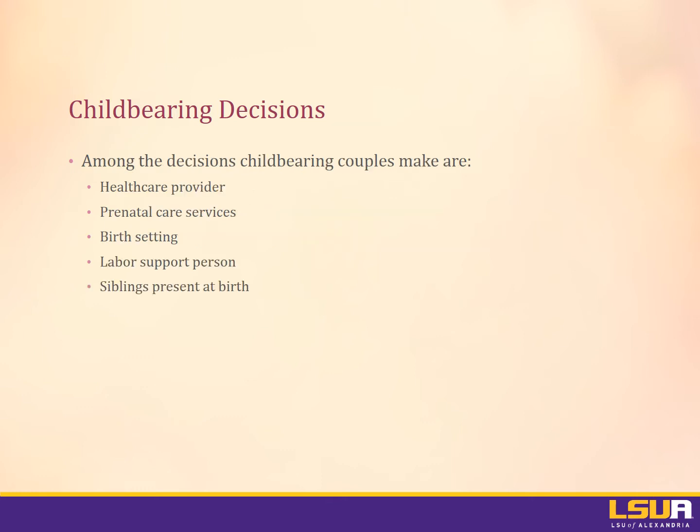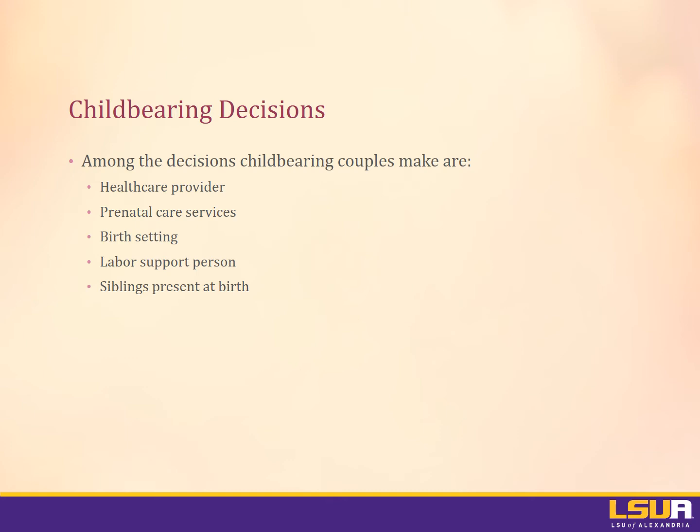These are some of the decisions that are important: the healthcare provider, the prenatal services, what setting. Not always will it be in the hospital. Sometimes families want to have a birth at home with a midwife or in a birthing center or with a support person.